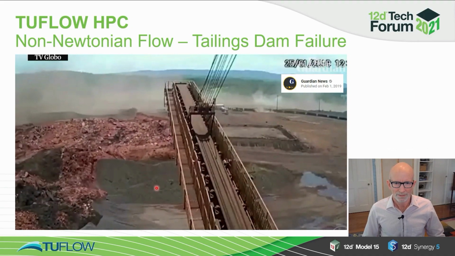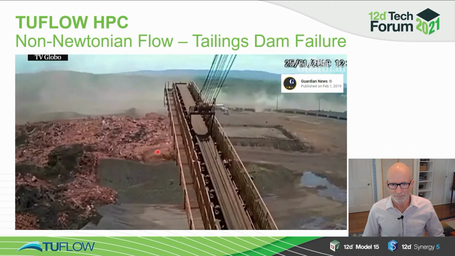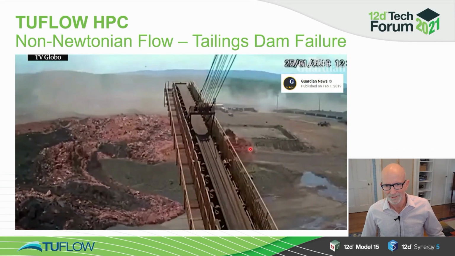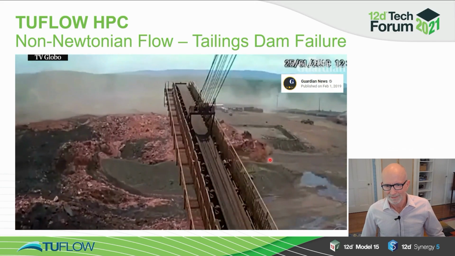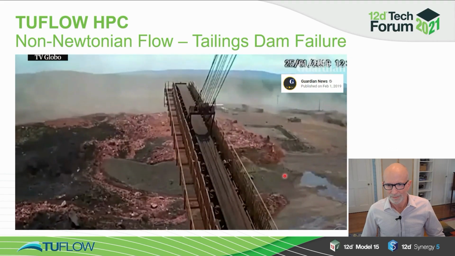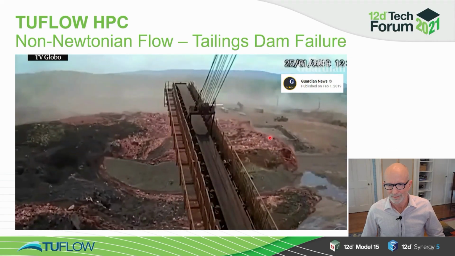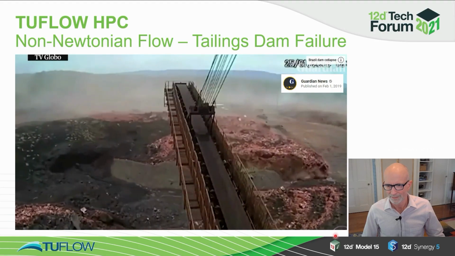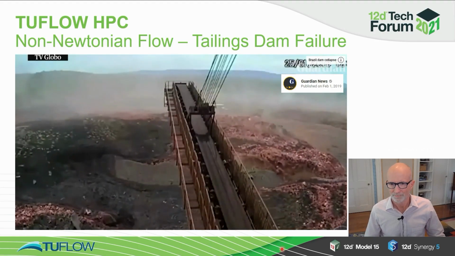As you can see, this tailings slurry is not really flowing like water. It's basically working its way down. It's got a huge face in front of it, and it's more like a slurry or even like lava.